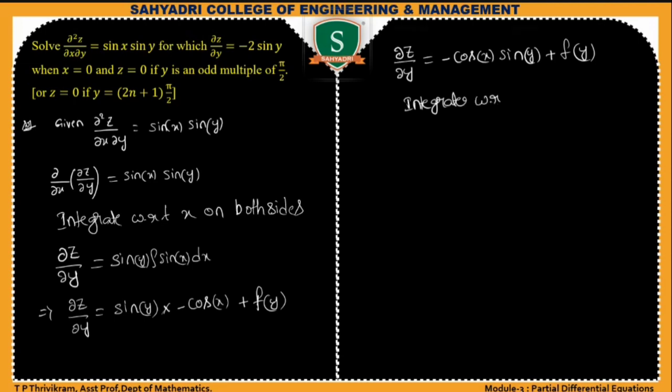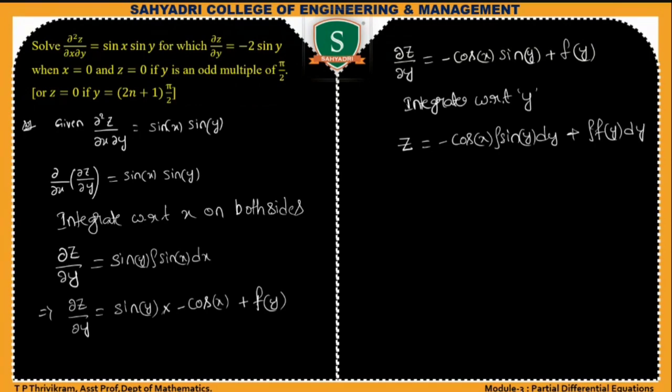What happens? z is equal to minus cos x integral sin y dy plus integral f of y dy.